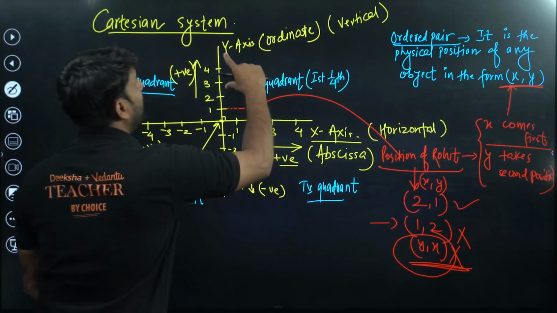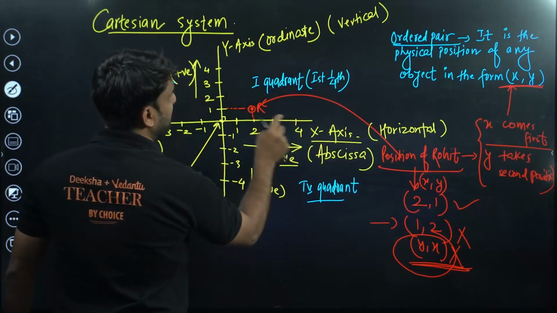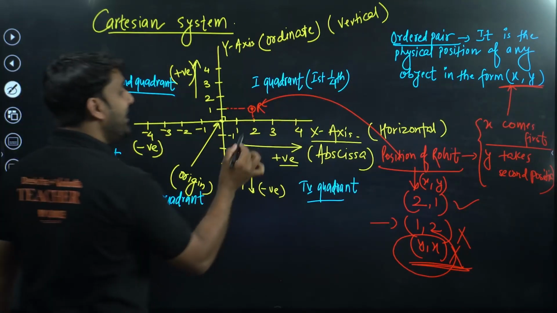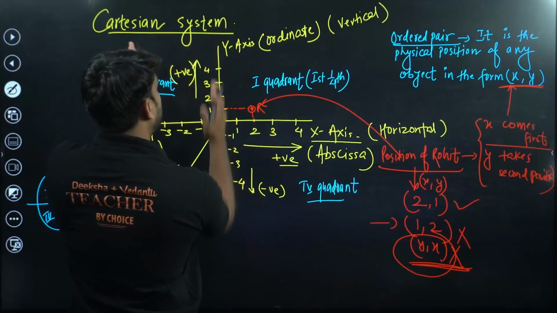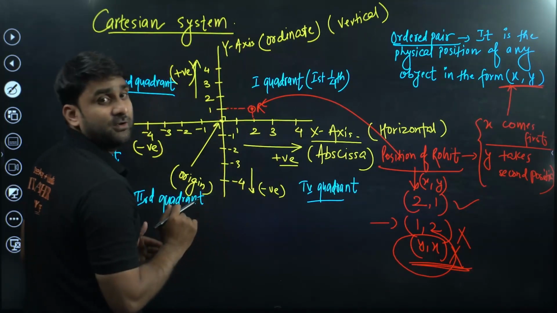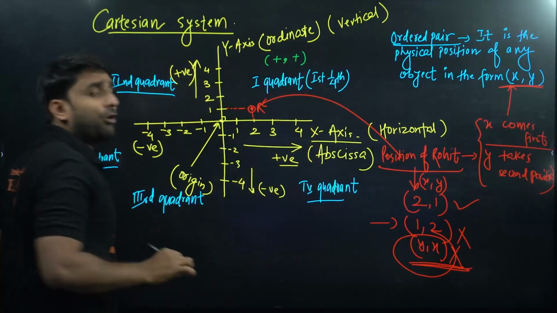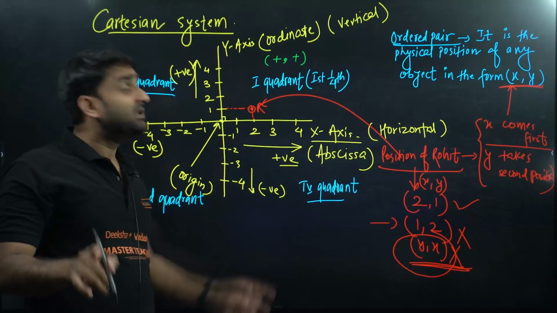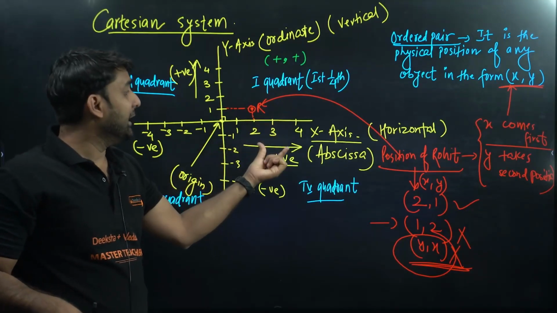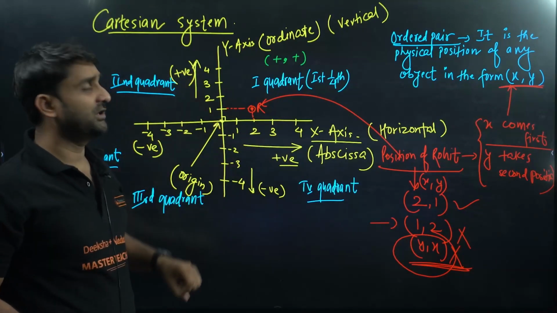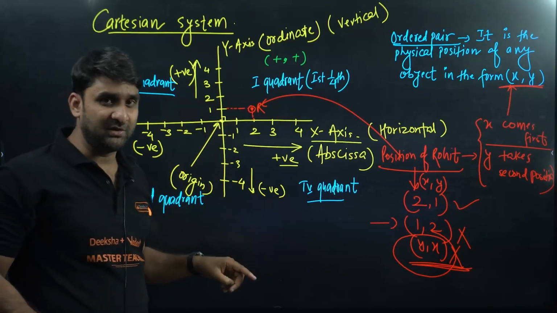So in this quadrant, if any coordinates come up in the first quadrant, x will always be positive, because the first quadrant is made up of positive x and positive y coordinates. So the positive coordinates fall in the first quadrant. Why? Because the first quadrant is constructed with the help of the positive x-axis and the positive y-axis.